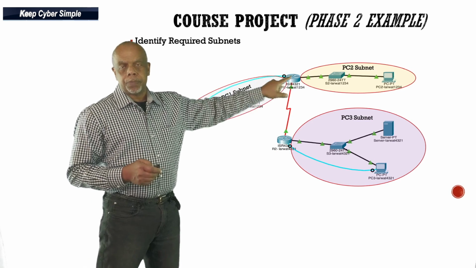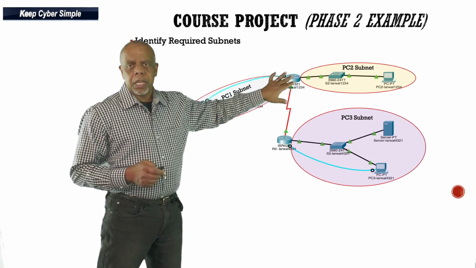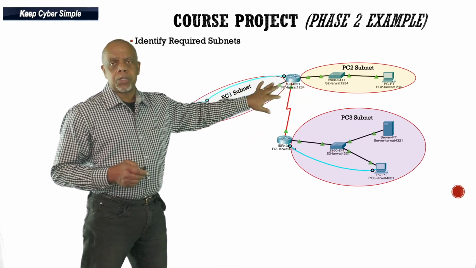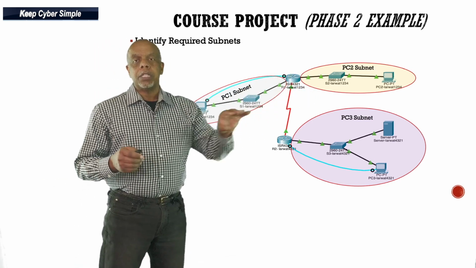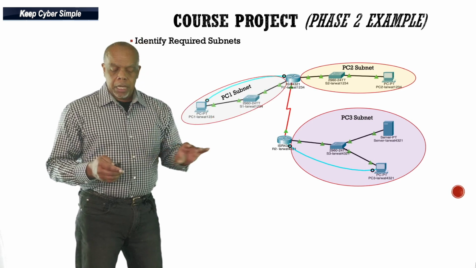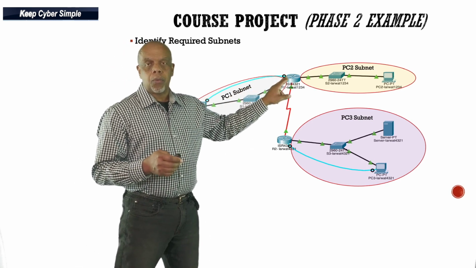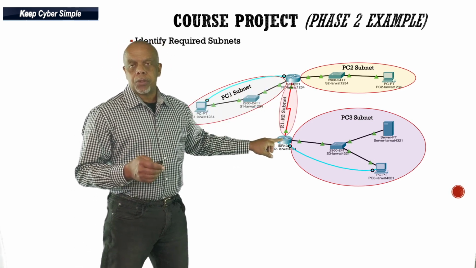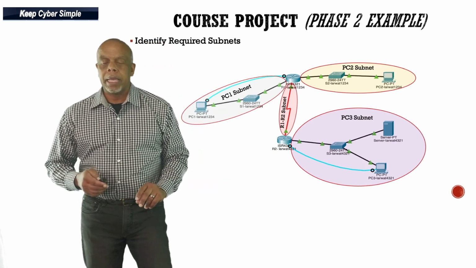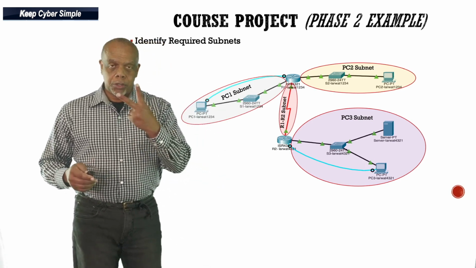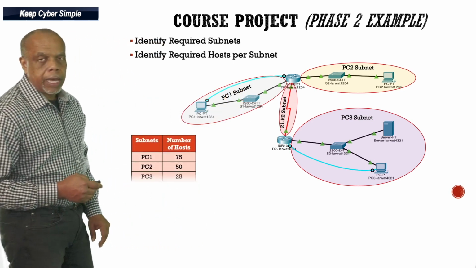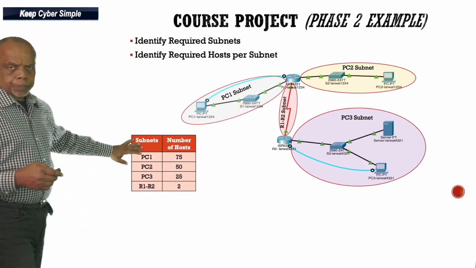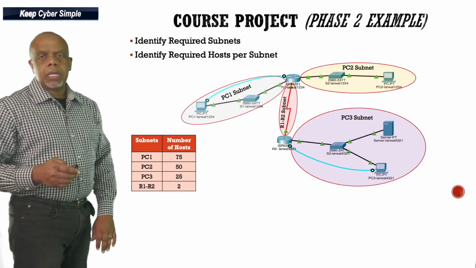Because every interface, whether it's an Ethernet interface or a serial interface, each one is going to require an IP address. So the interface between router 1 and router 2 is also a subnet, which is going to require 2 IP addresses. Okay, so now we've got 4 subnets.